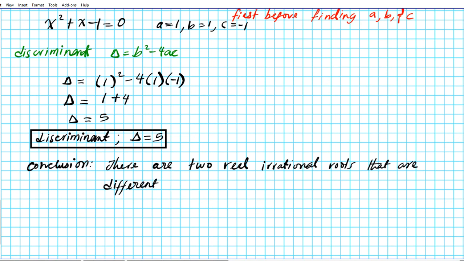Why is that? Well, since our discriminant is positive and not a perfect square. So if it's not a perfect square, the square root is going to be irrational. Okay? So this is a justification as to why we have two real irrational roots for this given quadratic equation.